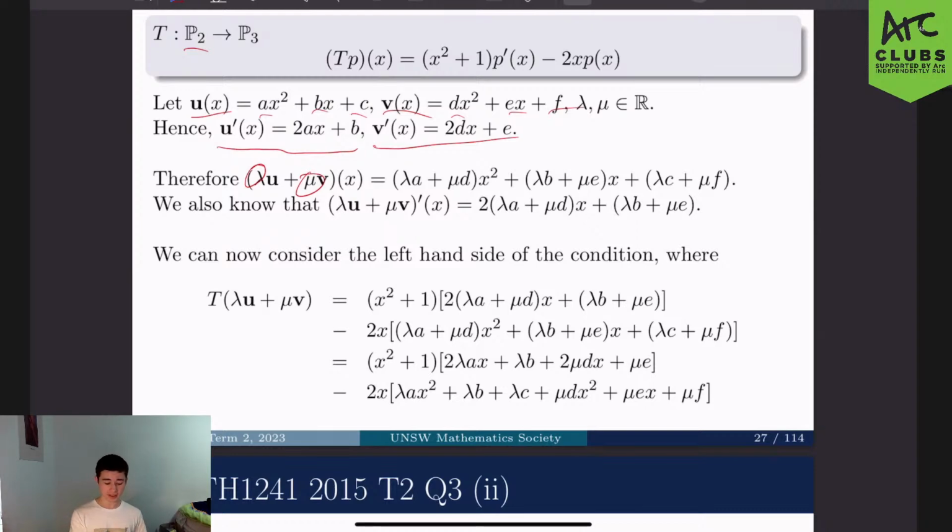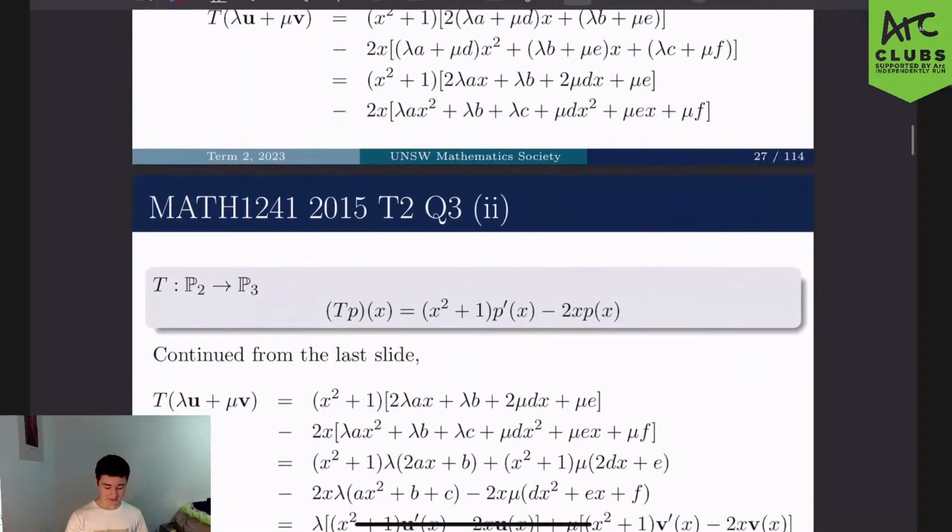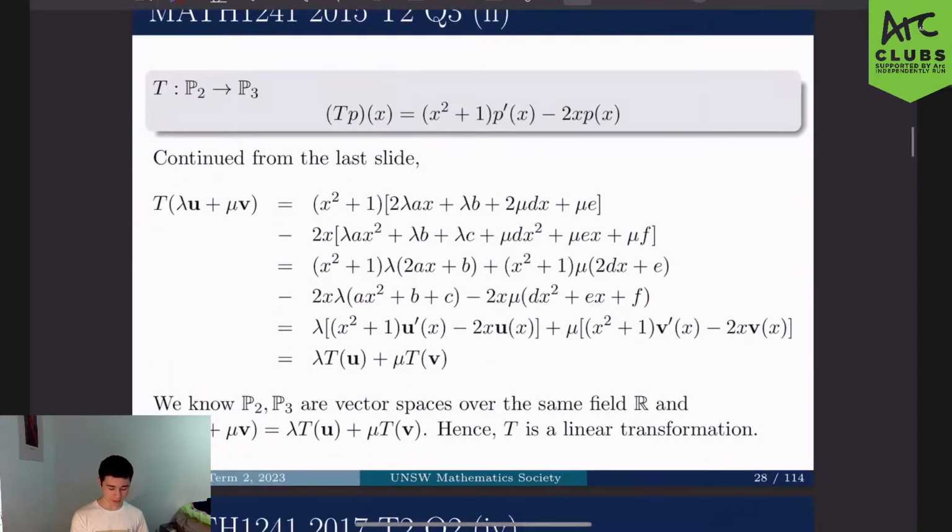If we can break it up into the form of a derivative multiplied by x squared plus 1, and something multiplied by minus 2x, we can see we end up with x squared plus 1 multiplied by this chunk, and we have minus 2x multiplied by another chunk. Now all that is left is to demonstrate that one chunk is the derivative of the other.